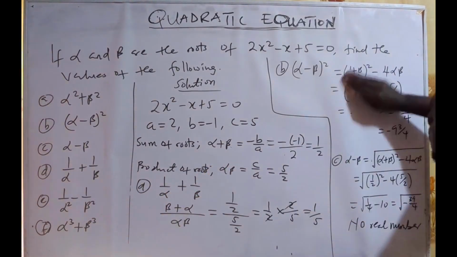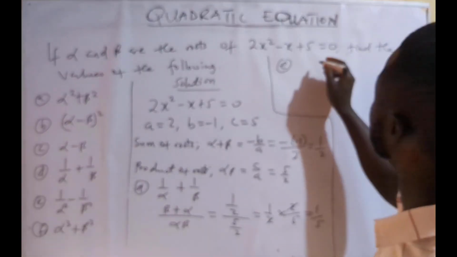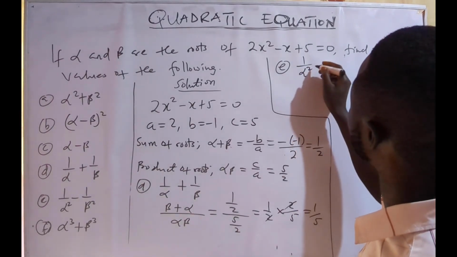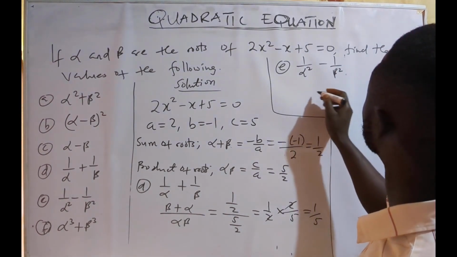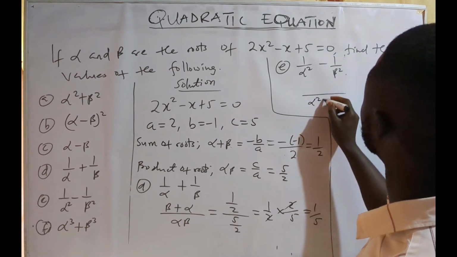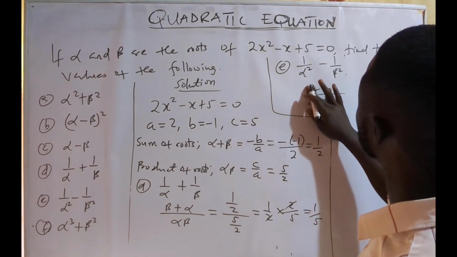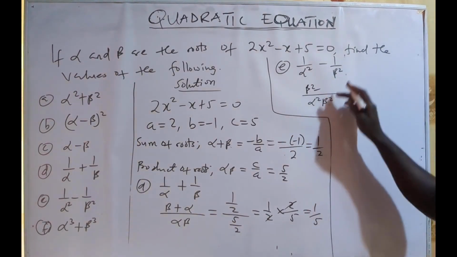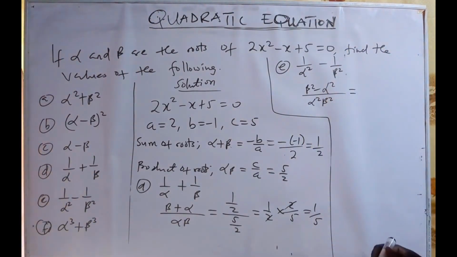All right, so let's look at the E, that is 1 over alpha square minus 1 over beta square. So that will give me alpha square beta square, then I have beta square minus alpha square. Okay, then this can give me what?